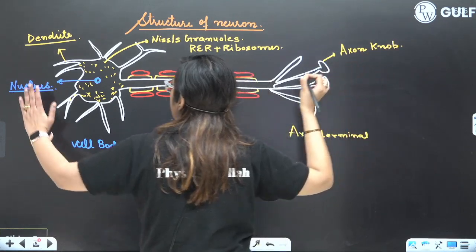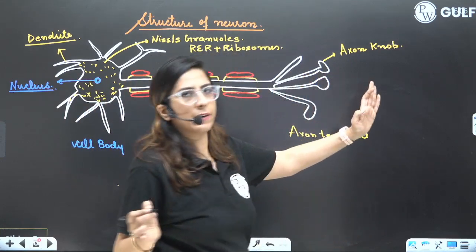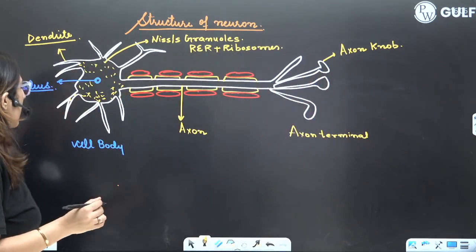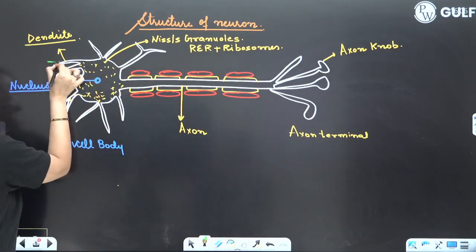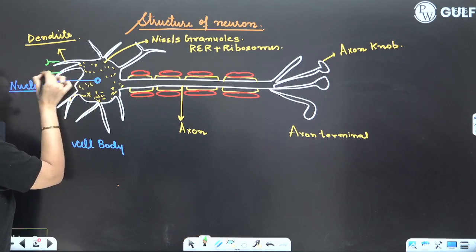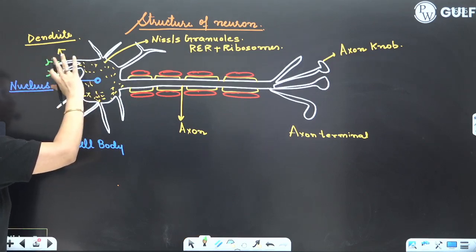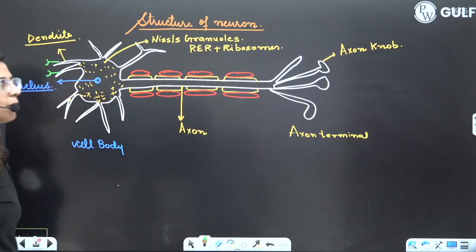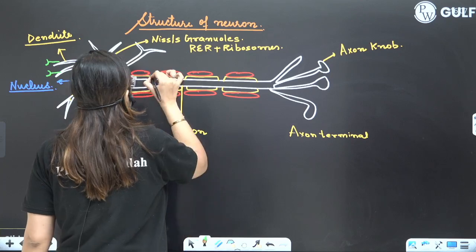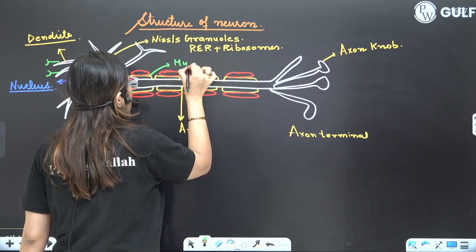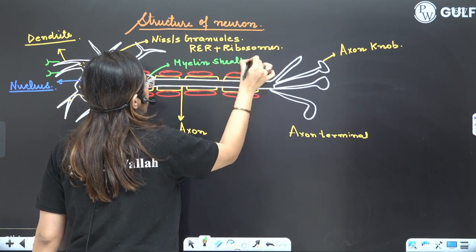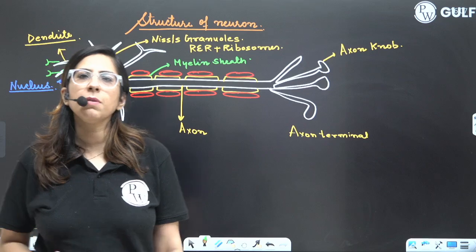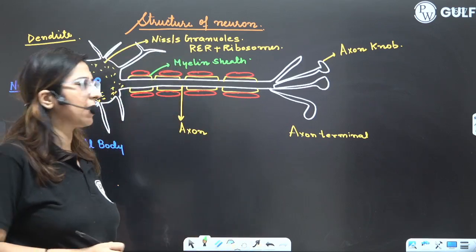Now the signal comes from the dendrite, and this is how it travels. There are some receptors present on this structure. They will sense the change, and they are going to transmit the information towards the axon terminal. As I have told you, this is termed a myelin sheath. It's not necessary that a myelin sheath should be present. The neuron can be myelinated or unmyelinated. Both things are possible.